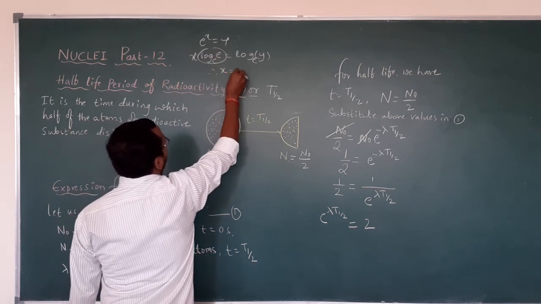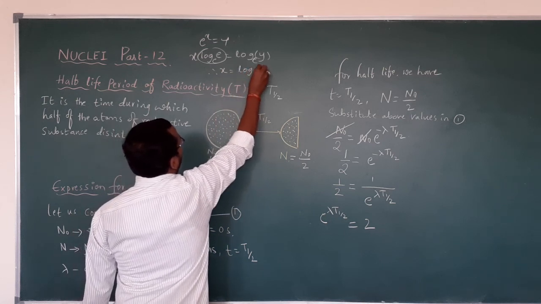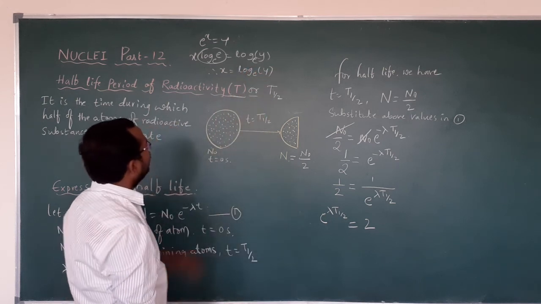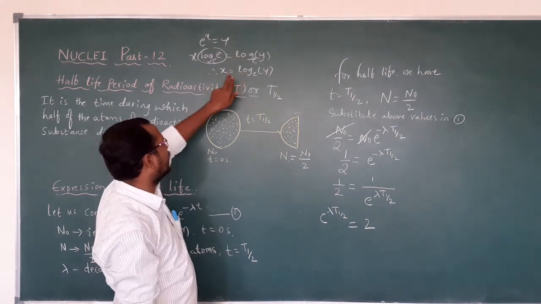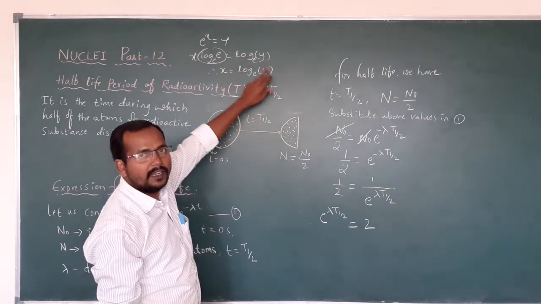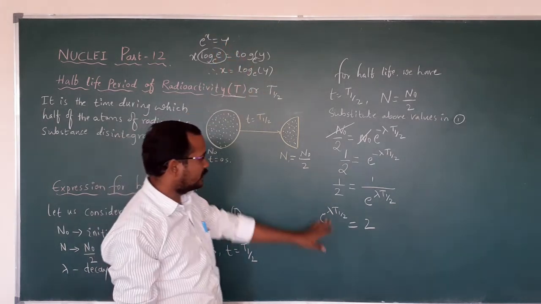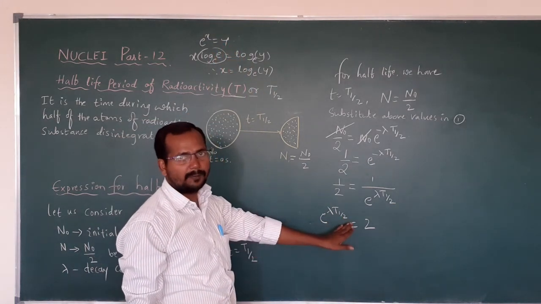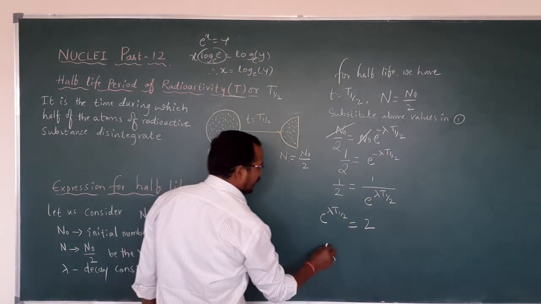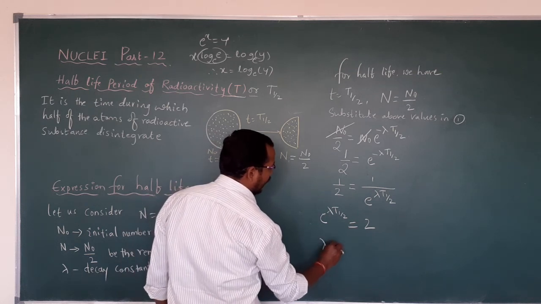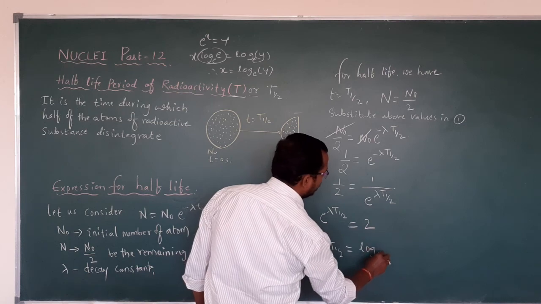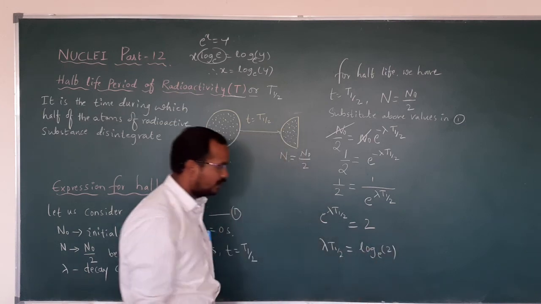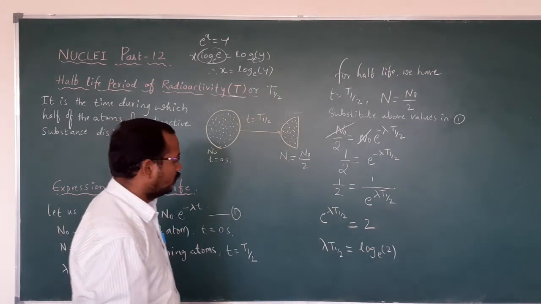Therefore x is equal to log y to the base e. In the same manner, e raised to lambda T half is equal to 2, then I can write lambda into T half is equal to log 2 to the base e.